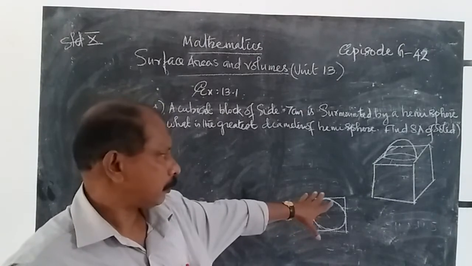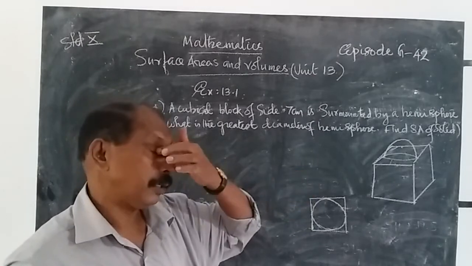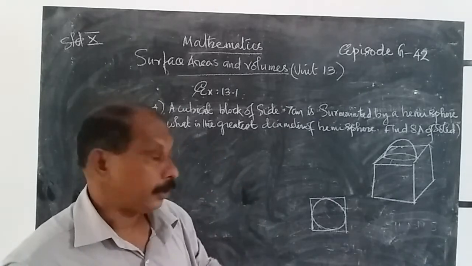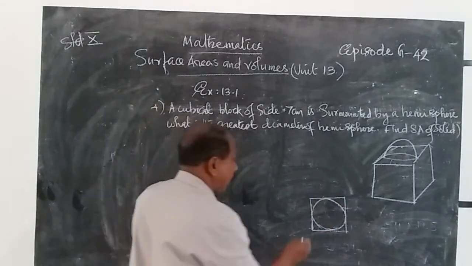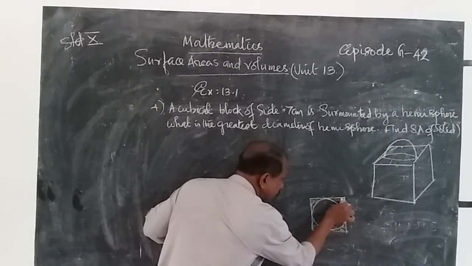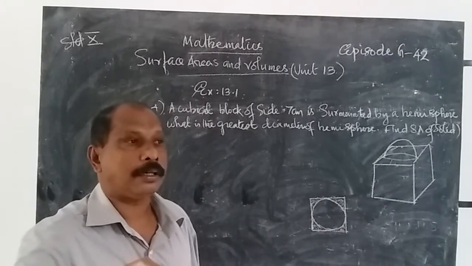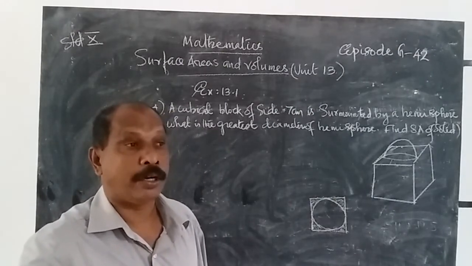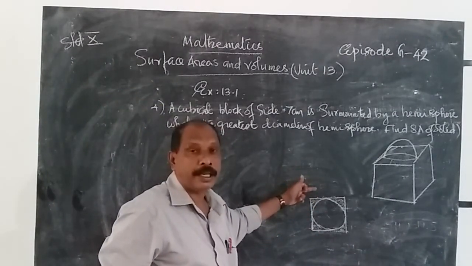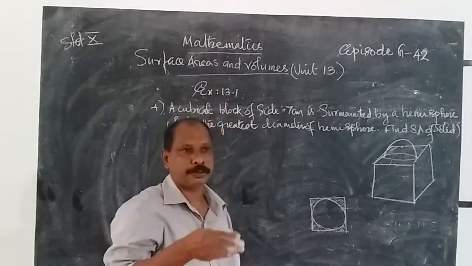This is the top part. The top is a square because it is a cube, and the base of that hemisphere is a circle. That means there are 4 corner points. Therefore, the surface area of the solid on the top is the area of a square minus the area of the circle. We get the area of the top.